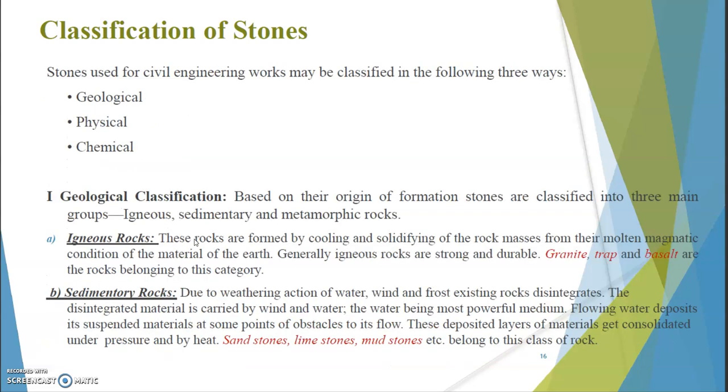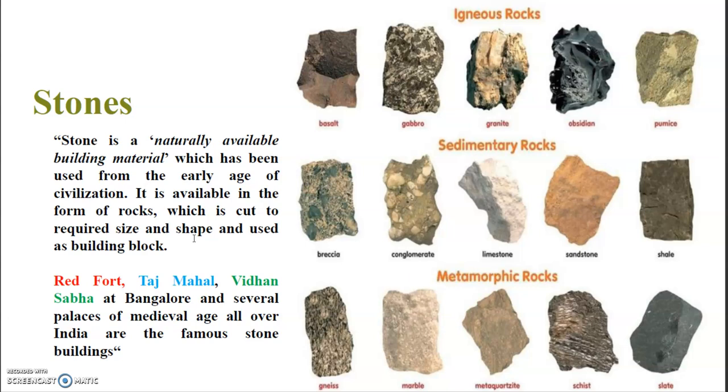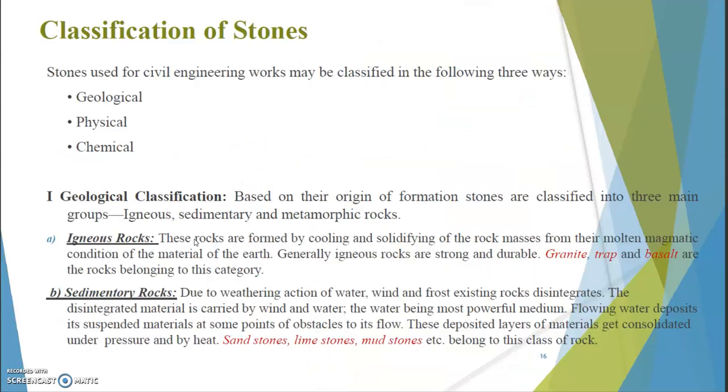Understand, these are all the ultimate types of rocks we have: igneous, sedimentary, and metamorphic. Among them, physically how it appears, we group into something, and chemically we classify what particular material is dominating the entire type of rock. There are no more types of rocks than these, but we still classify for easy understanding: physically how it looks, chemically what the constituent is, and how it is formed geologically.